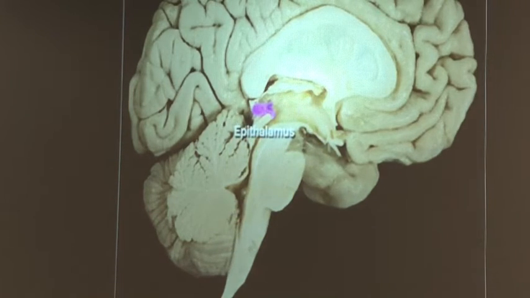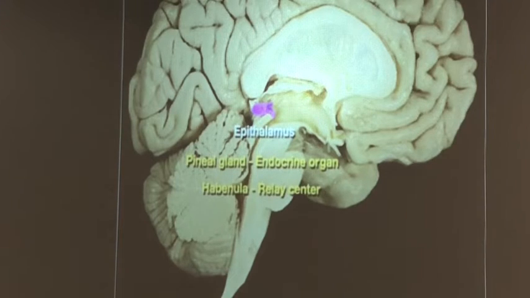The epithalamus is dorsal to the thalamus and has two parts. The pineal gland is an endocrine organ, while the habenula is a relay center between the midbrain and limbic system. Okay, so get the two regions of the epithalamus. So we have an endocrine structure here, so it's not all nervous system. Same way with pituitary gland right here, endocrine.